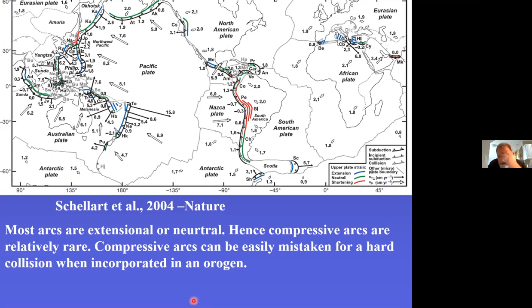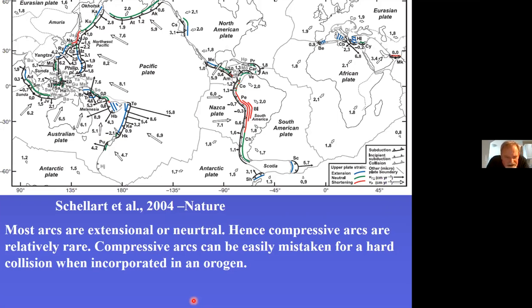Now, compressive arcs approach the trench faster than the trench rolls back. They're basically overriding their own trench, and hence the arc is compressive and will be deformed. So if you incorporate compressive arcs in an orogen later on, then it may be hard to separate a hard versus soft collision in that case without having very good time control on when and how it happened.